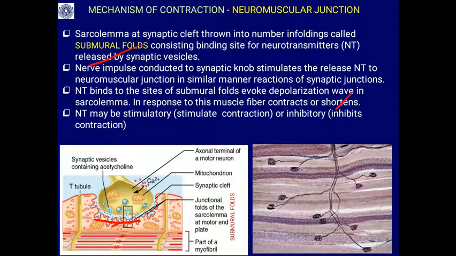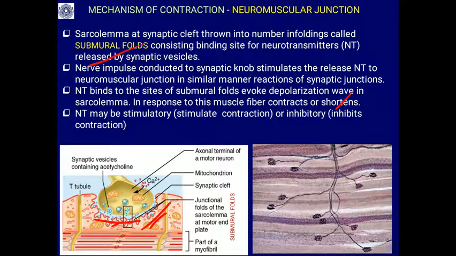So the nerve impulse conducted to the synaptic knob stimulates the release of neurotransmitter in the neuromuscular junction, in a similar manner to how it is released in the synaptic junction; just recall that. This neurotransmitter binds to the receptor sites. Depolarization occurs in the sarcolemma, the plasma membrane of the muscle.